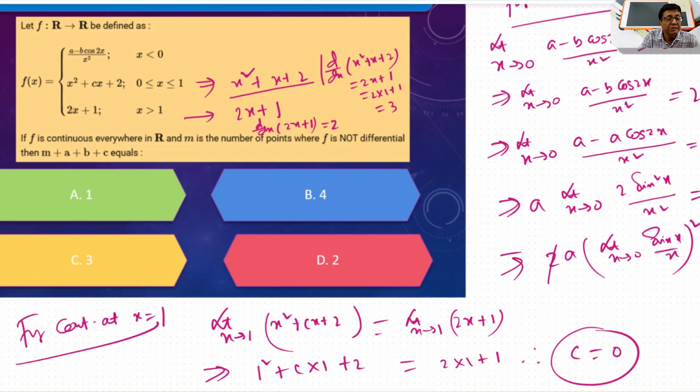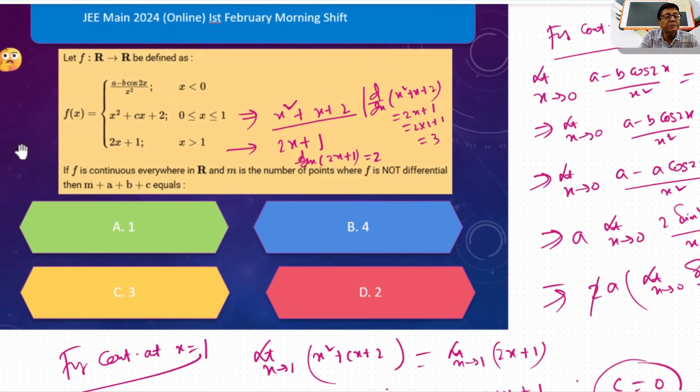So the number of points where it is not differentiable, we can judge by considering this part also: a minus b cos 2x. With a and b you got, this is changed to 1 minus cos 2x by x square, that is 2 sin square x by x square. At x equal to 0, will it be differentiable? See, the right hand limit at x equal to 0 is going to be 2.